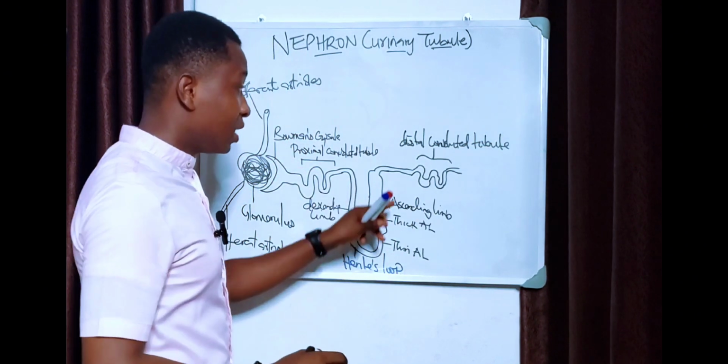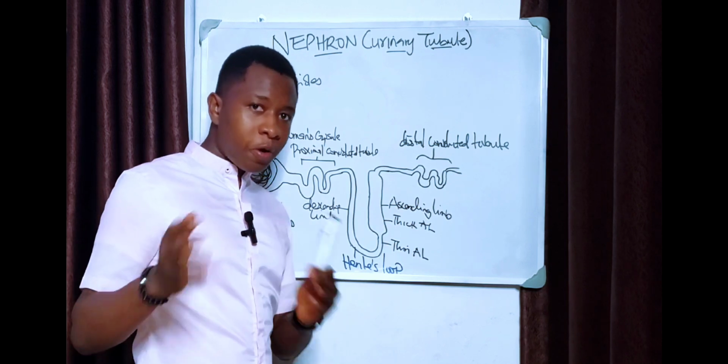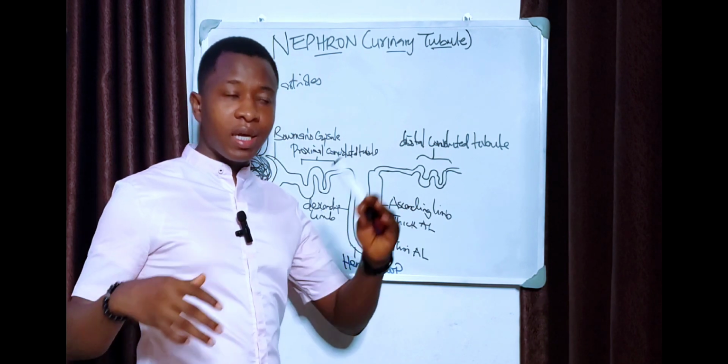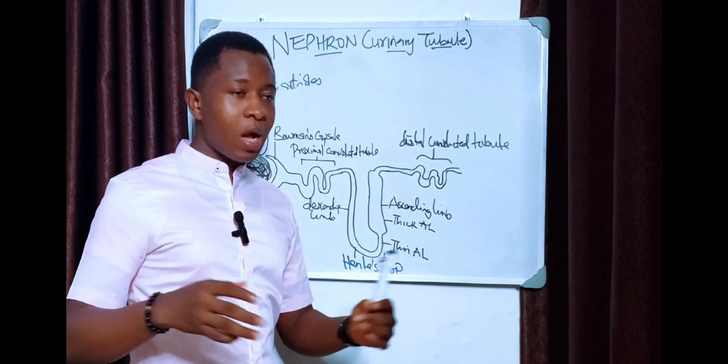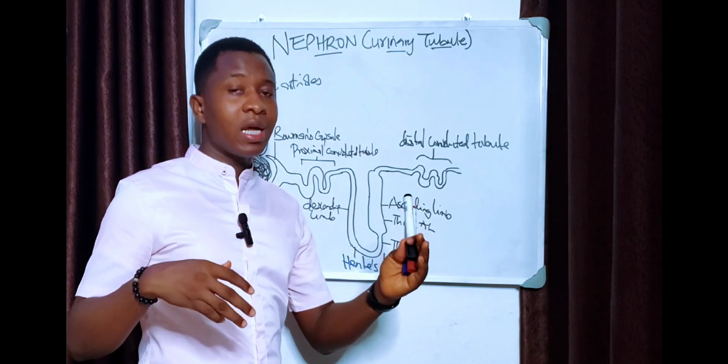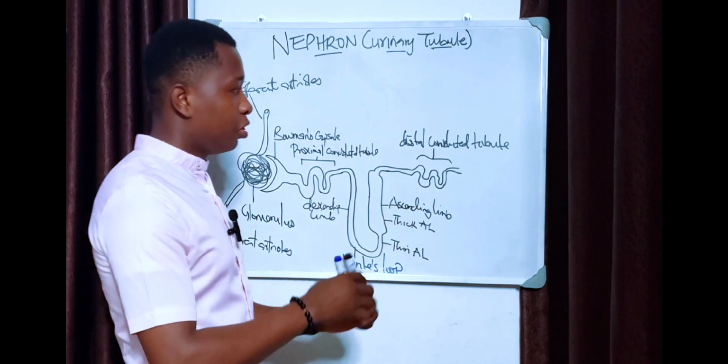All right. Now, distal because it is at the ending. So whenever you see proximal, it means that it is the starting and distal is the ending. So every tube has the distal end and the proximal end. All right. So this is referred to as distal convoluted tubule.